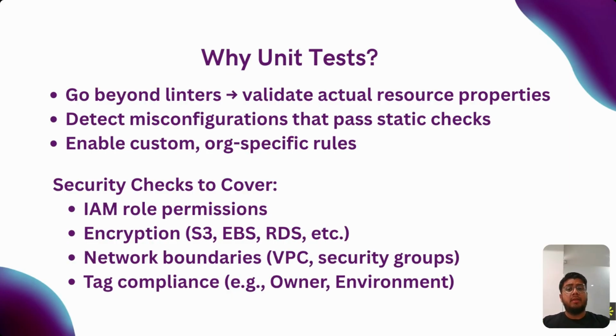Also, you can check the open ports. Port 22 should not be open to everyone, otherwise anyone can inject anything and get your data. It will be very beneficial for you. Apart from that, we have network boundaries, like VPCs and security groups. You also need to check from which portion inbound and outbound data flow is approved or not.